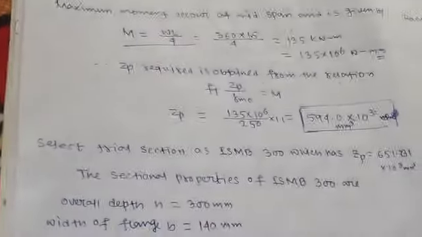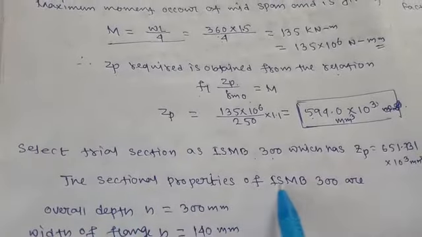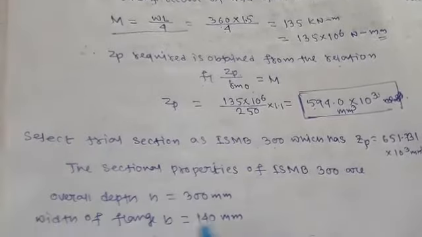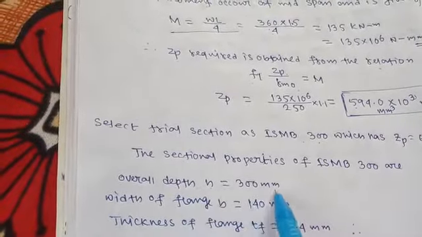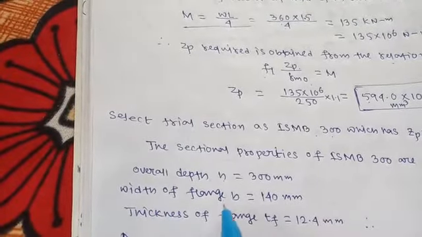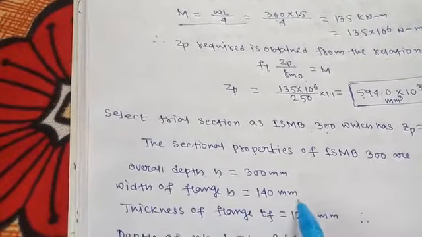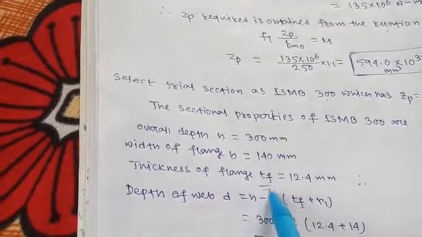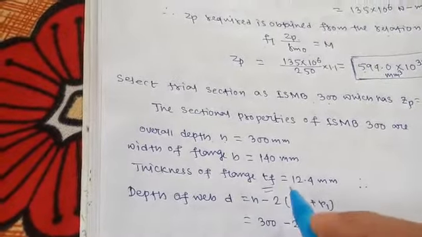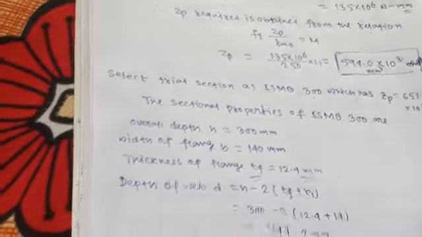So the section properties of ISMB 300 are given. H, the overall depth, is 300 mm. Width of the flange B is 140 mm. Thickness of the flange, that is tf, is 12.4 mm.